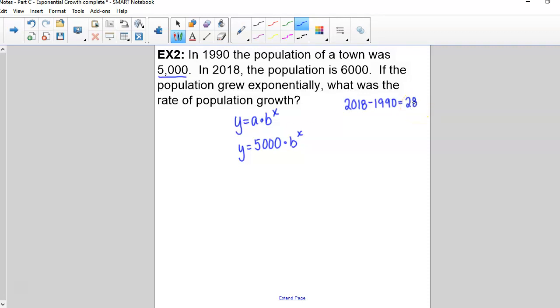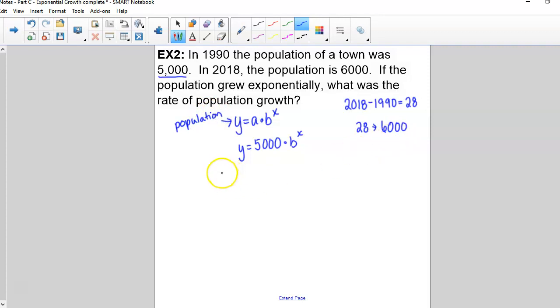So this is what we've got to do for this problem. After 28 years, what is the population? It's 6,000. And so in this equation, y stands for population.